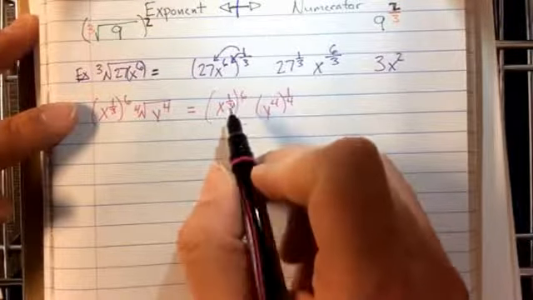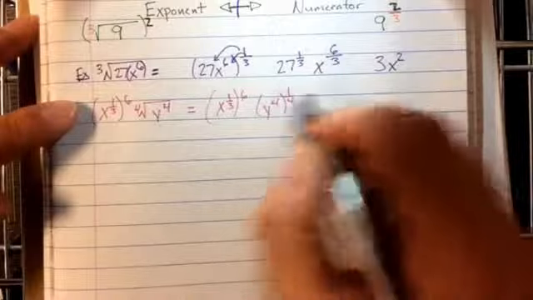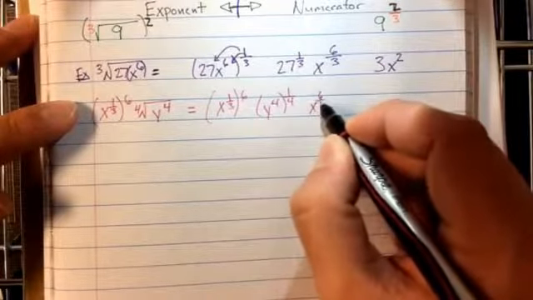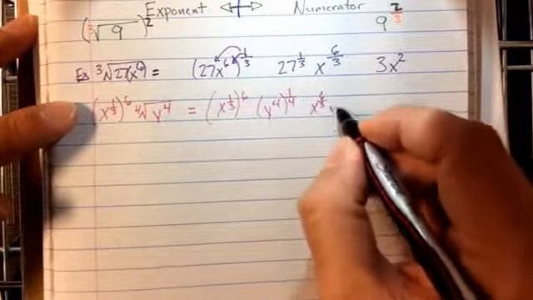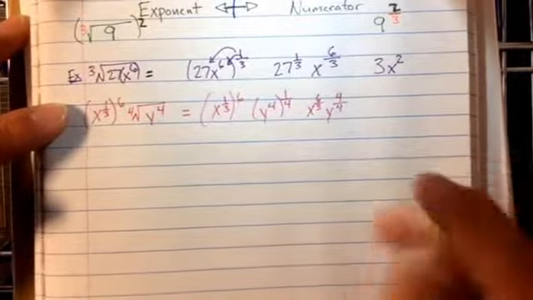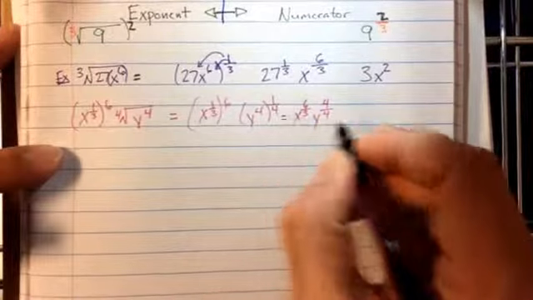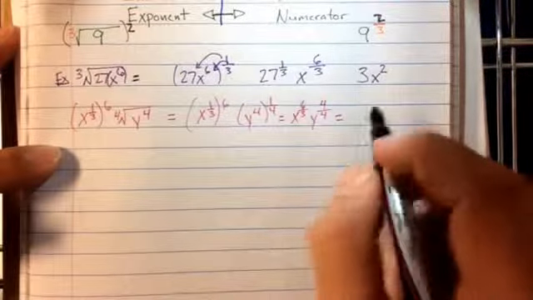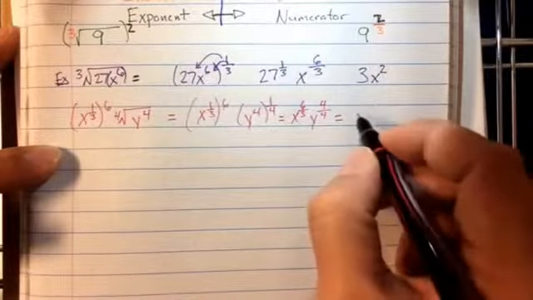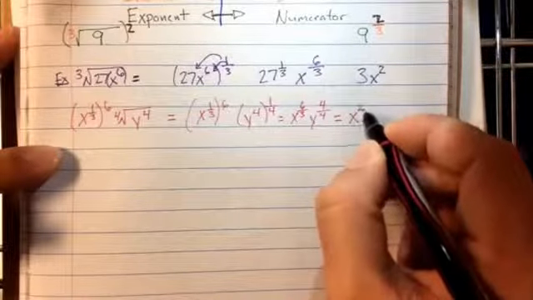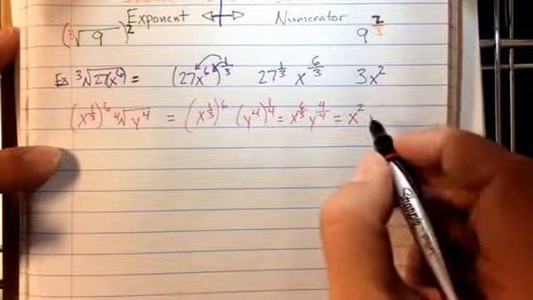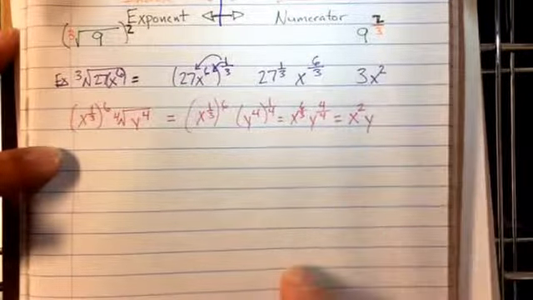Powers have powers. We're going to multiply. So we have x to the 6/3 and y to the 4/4. And x to the 6/3 leaves us with x squared, and y to the 4/4 leaves us with y.